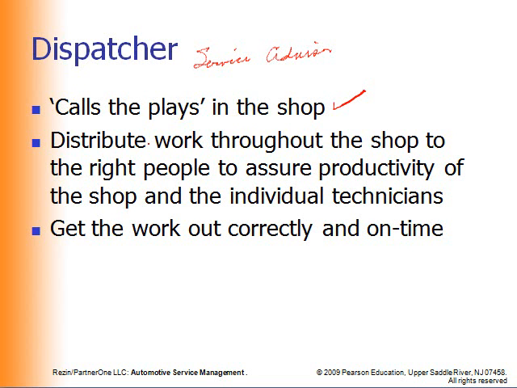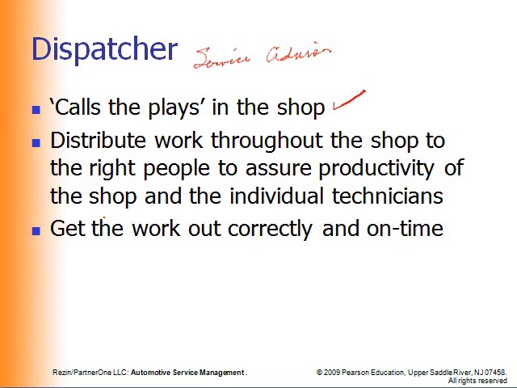And you can see how this might cause problems with the technician, because you've got one person promising the job and the technician's saying, well, how in the world are we going to get it out at that particular time? Although it's not really critical that dispatchers are technicians, they do need to know the technician's job, so they know when to promise the job, and whether or not it's realistic to think that technician can get the job out in that amount of time.